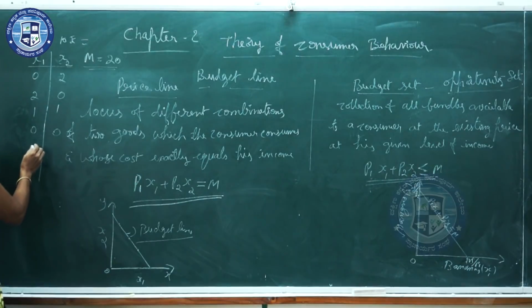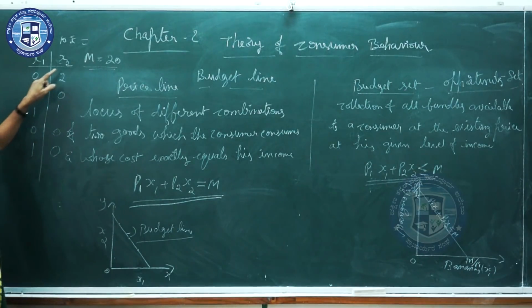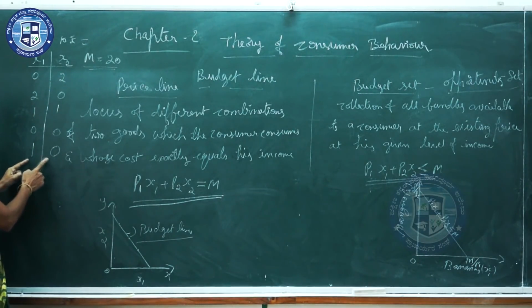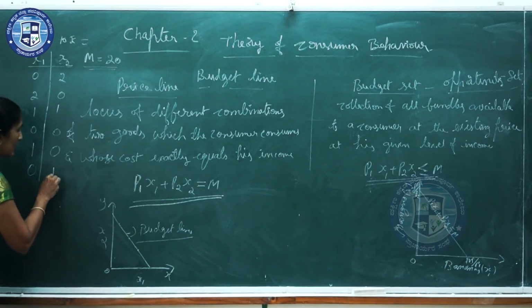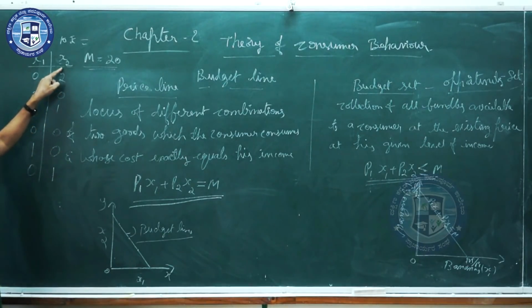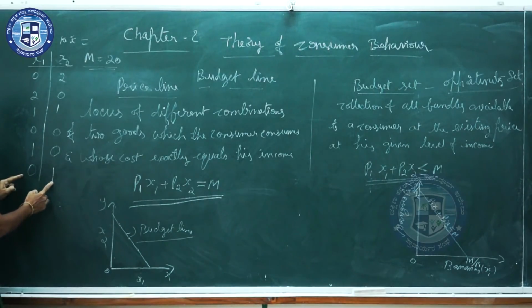Then he can purchase 1 unit of x1 commodity and no x2, so the combination becomes 1, 0. If he does not want x1 but wants 1 unit of x2, then the combination becomes 0, 1.